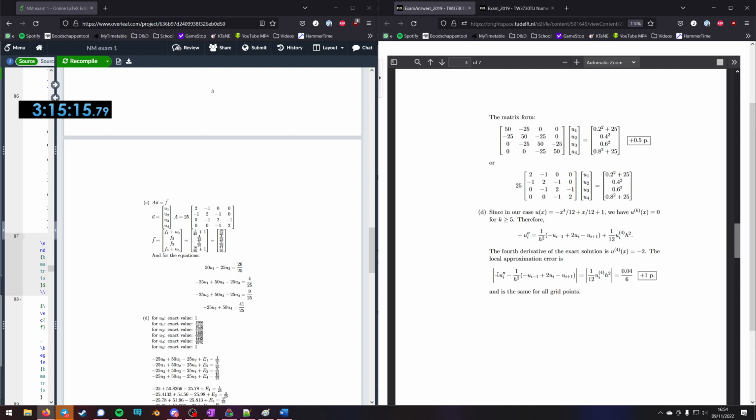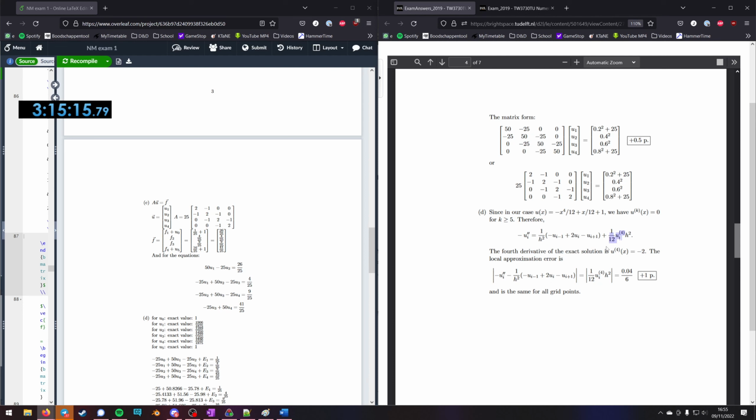this thing, which is the double derivative of the exact solution minus the approximation. So that removes this from the side, and we just get, but this is my question.